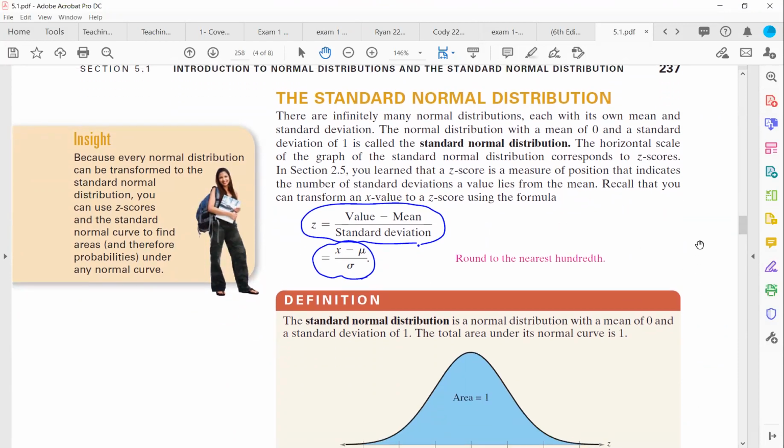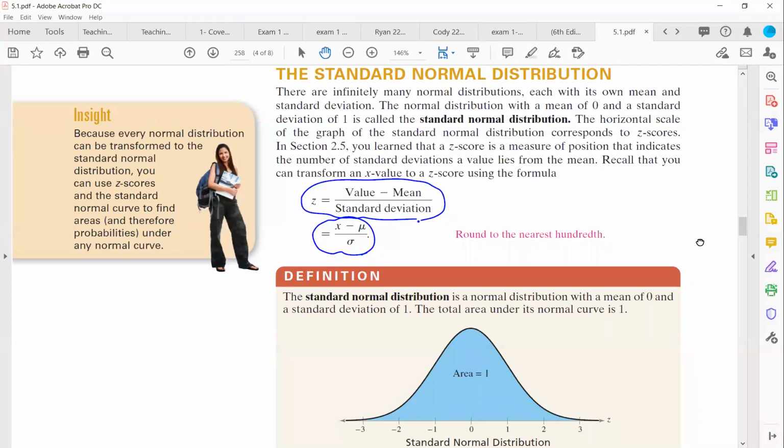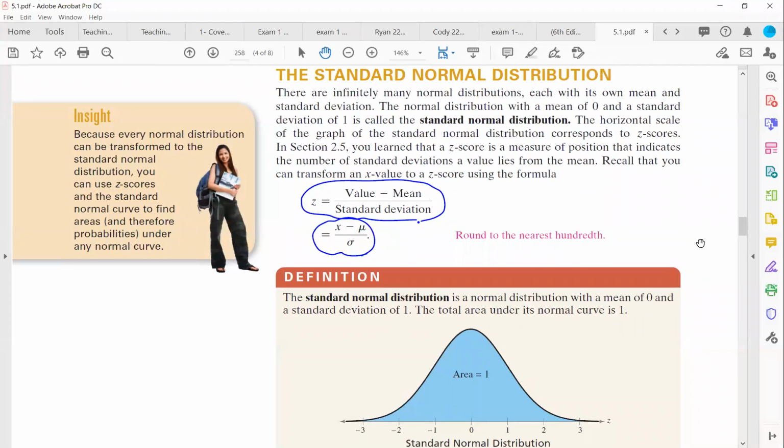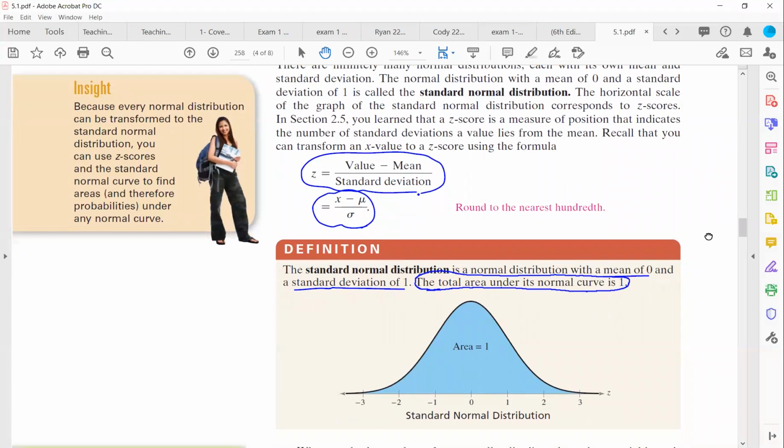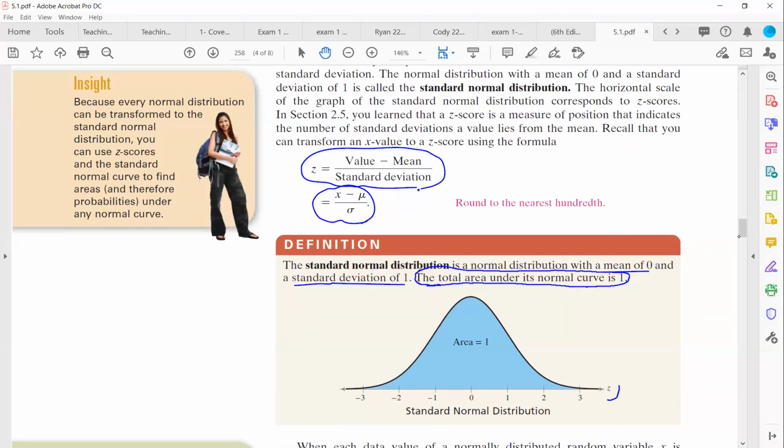So officially, let us define the standard normal distribution, which is a normal distribution with mean equal to 0 and standard deviation equal to 1. As usual, the total area under the normal curve is always 1. The graph is exactly the same as our normal distribution graph, but note that on the horizontal axis, instead of x, we have z.